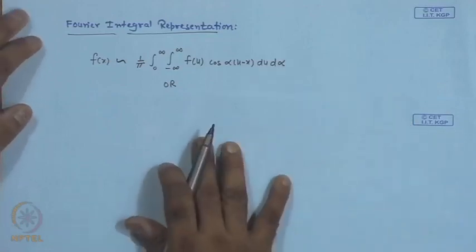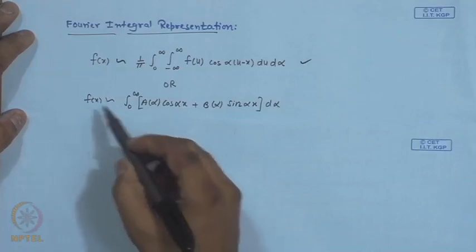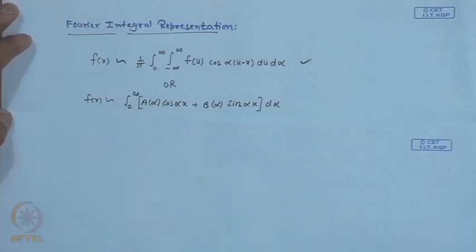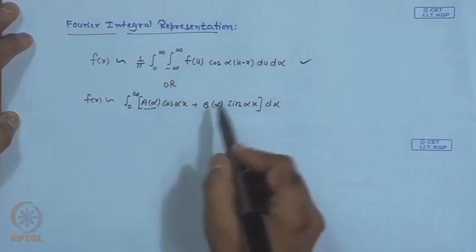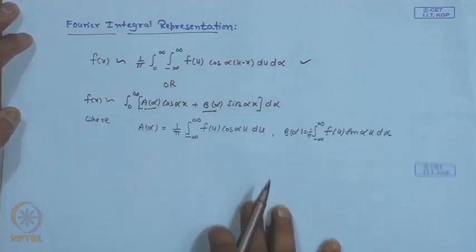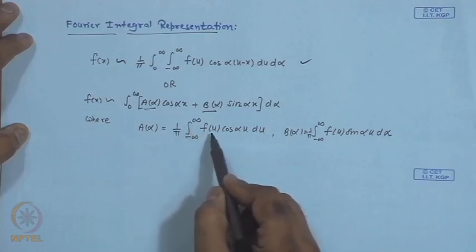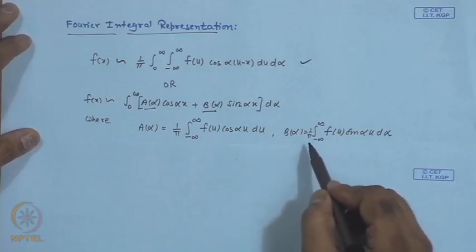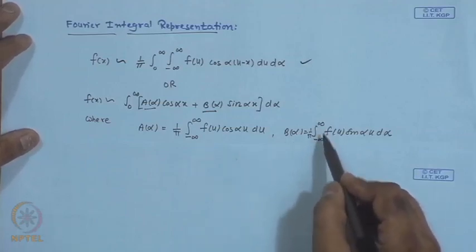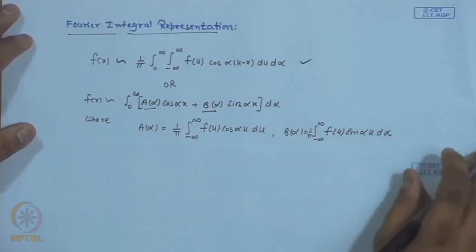We can also write this in a form where we introduce a(alpha) and b(alpha), where a(alpha) is 1 over pi, integral from minus infinity to plus infinity of f(u) cos(alpha u) du, and b(alpha) is 1 over pi, integral from minus infinity to plus infinity of f(u) sin(alpha u) du.